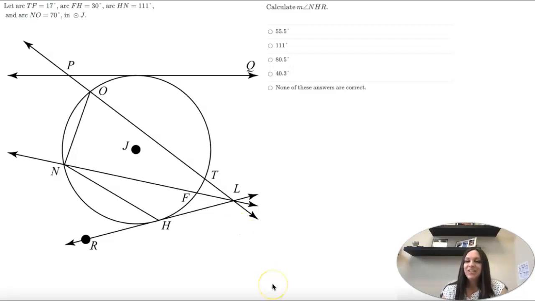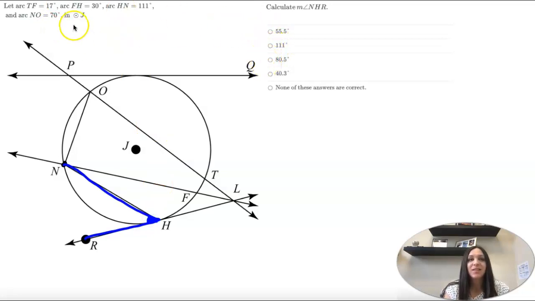Okay, let's look at section 1.5. So there's a couple theorems in here about arcs and angles that we'll go over. First, we want to calculate the measure of the angle N to H to R. So this angle, and then we're given a lot of information that we don't need.